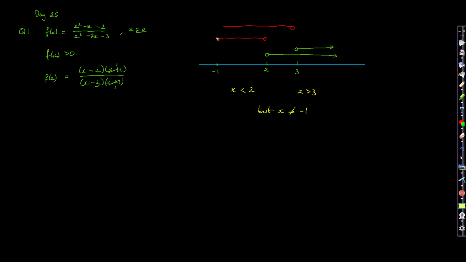I'll show that with a hollow dot there and a hollow dot there. So if I represent the complete set of answers: x is less than 2, or x is greater than 3, x not equal to negative 1. I think that would be a fair representation of the answer. Let's double check that. Yes, that's correct.